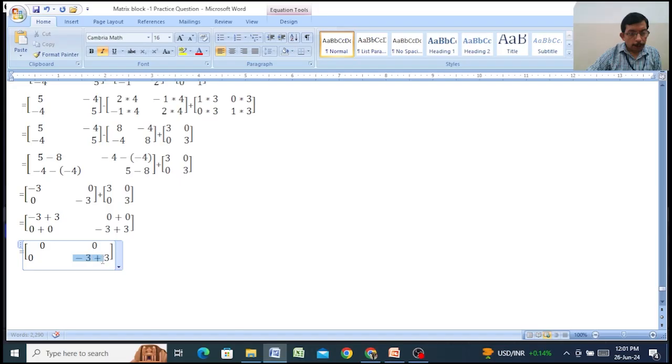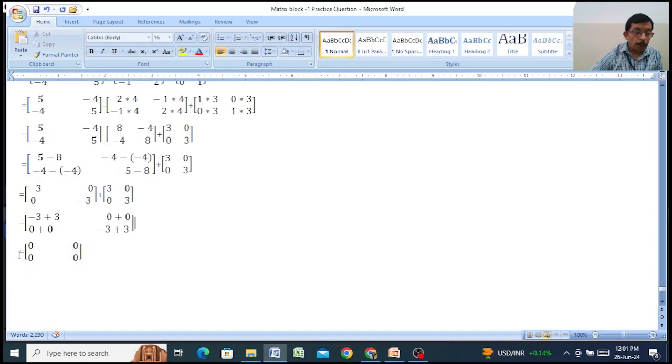Minus 3 plus 3, 0, note down in the same position. This is the null matrix, and the null matrix is represented by 0. It is equal to 0.